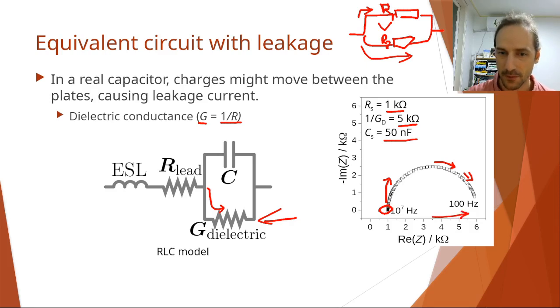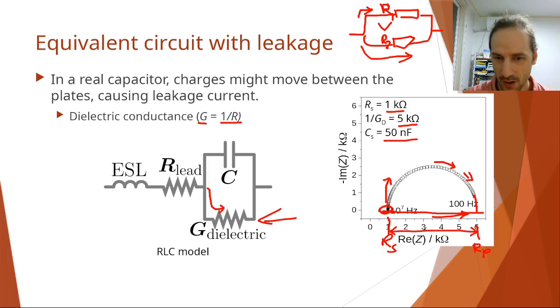So we will have this kind of a semicircle. This semicircle will start at 0 in the imaginary part of the impedance, and it will go back to 0 at infinitely small frequencies. What we need to see here is that this 1 kilo ohm is the RS, and then up here to 6, this is 1 plus 5, so this is going to be the parallel resistance RP, or 1 over GD.